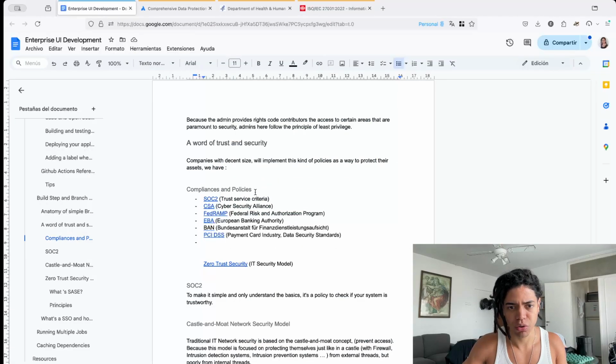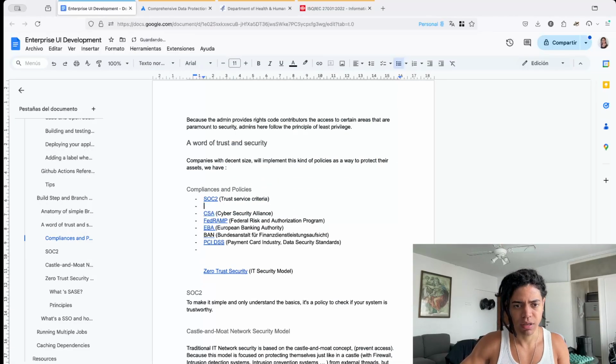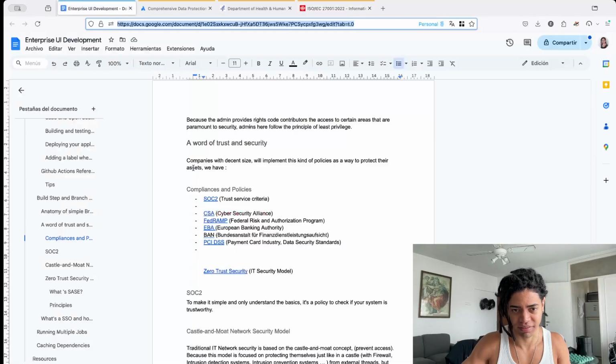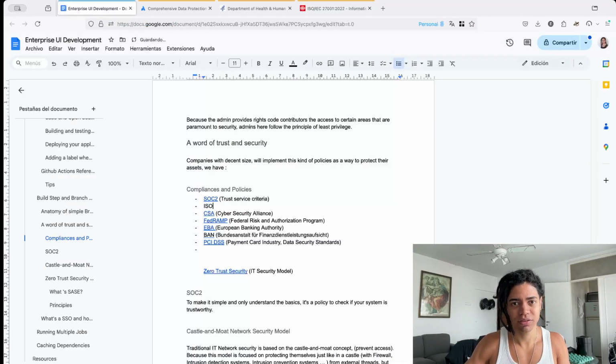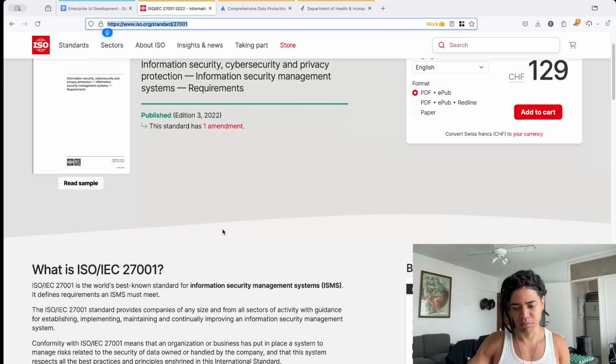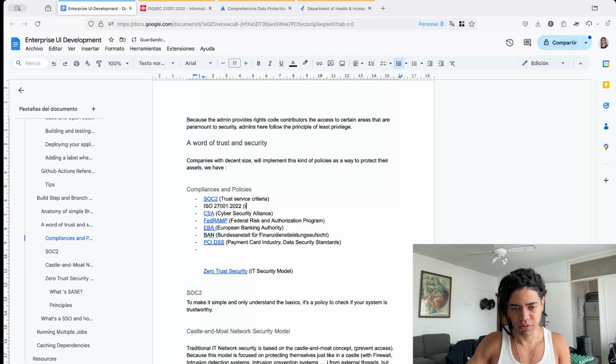Because you have the SOC trust criteria, you also have the ISO standard, ISO 27001:2022, which is Information Security Management Systems.